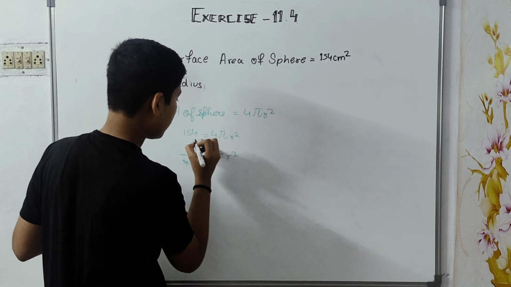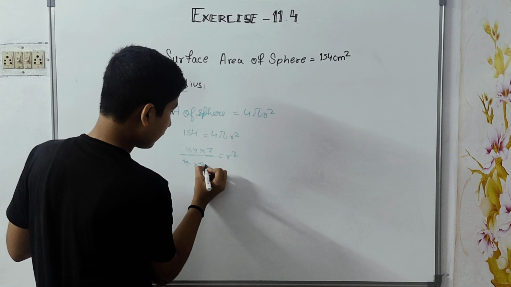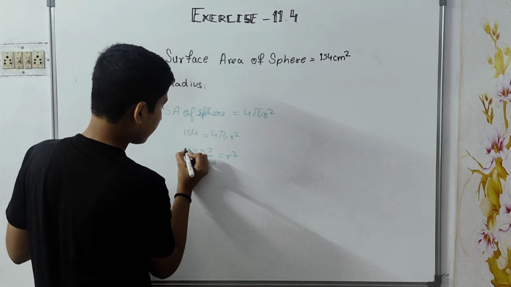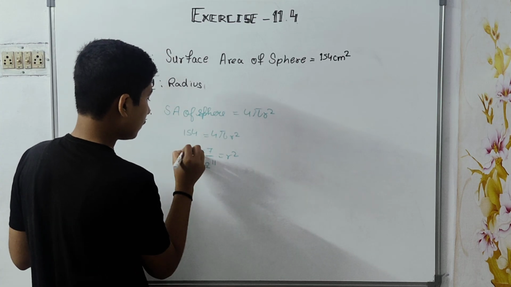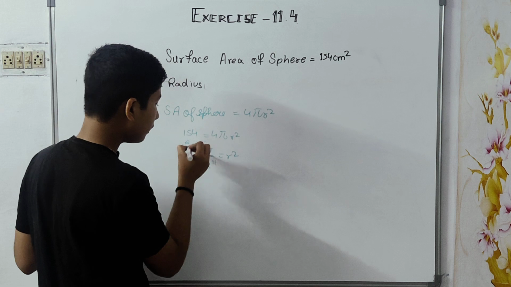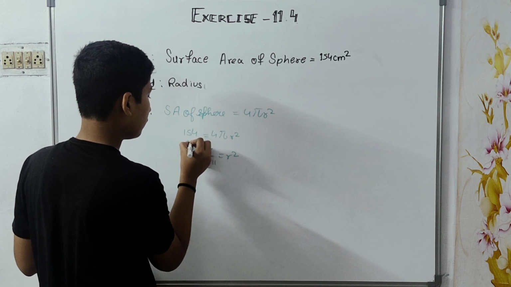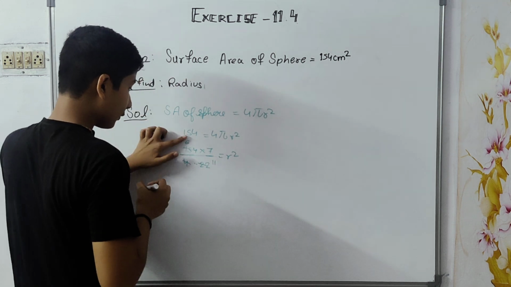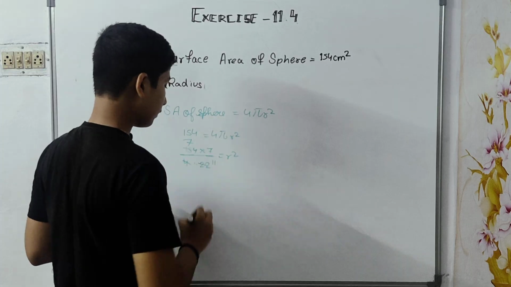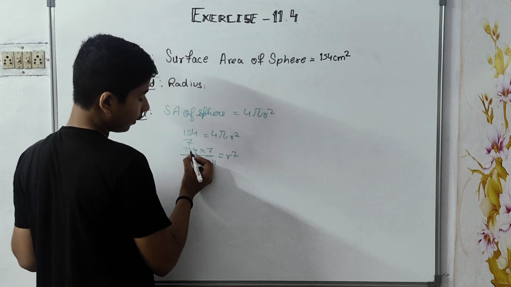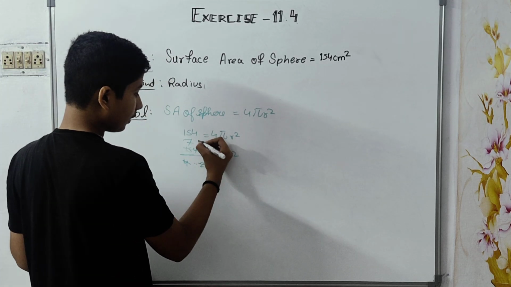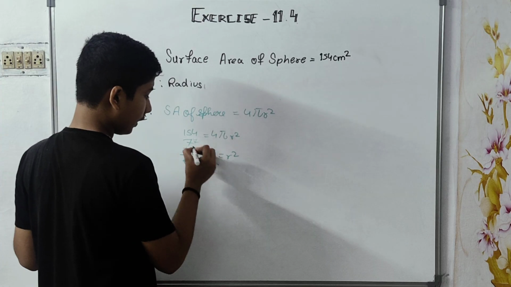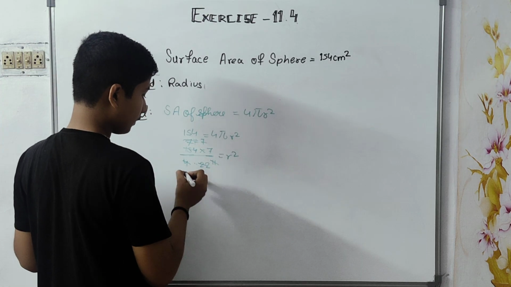154 into 7, and when we cancel it, this would be 11, this would be like 2 6 are 12, 24, 2 7s are 14. Now 1 4 again, 2 7s are 14, 11 7 times.